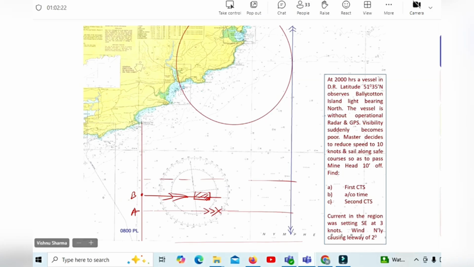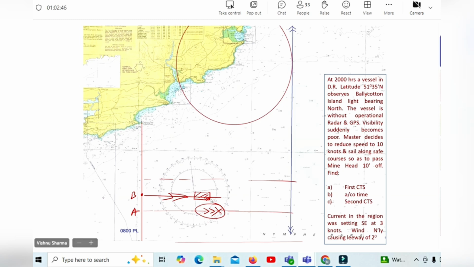This perpendicular CMG is desirable, but it is not binding. Why was it desirable? So that you make good the minimum distance between the two lines. But it is not binding at the cost of safety. If safety becomes an issue, then minimum distance is not binding on me.